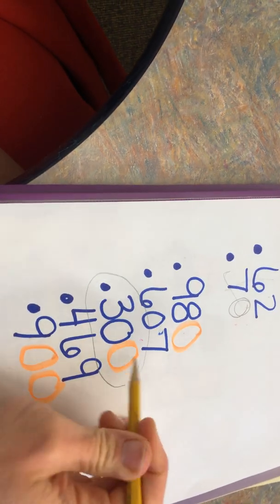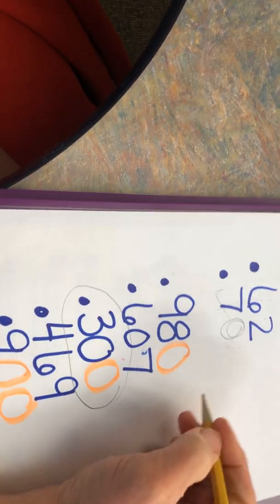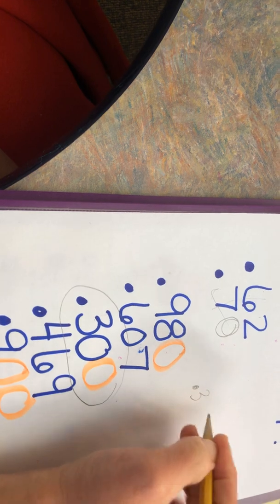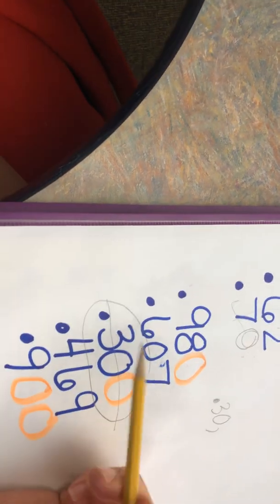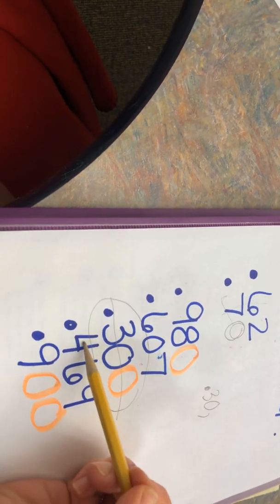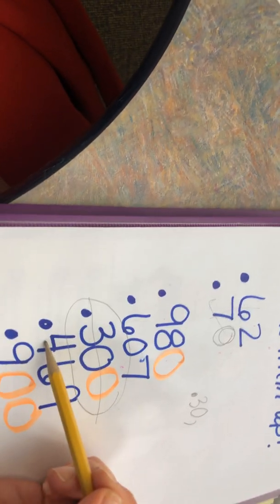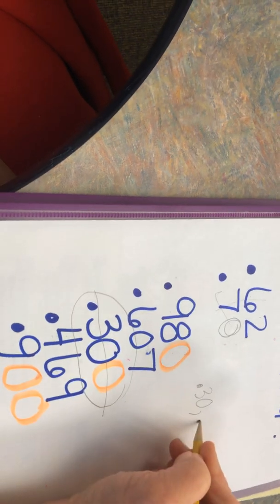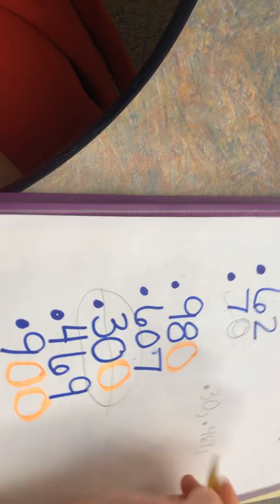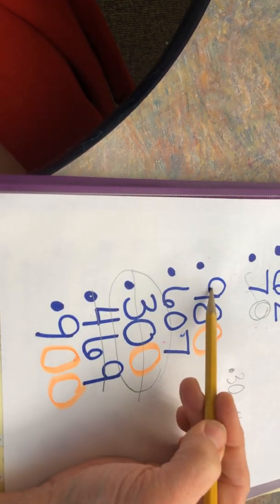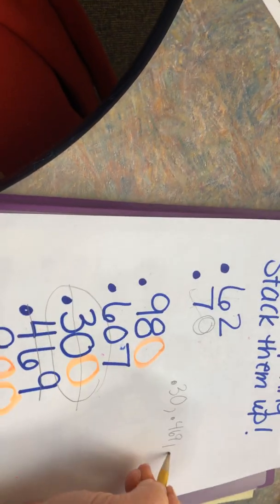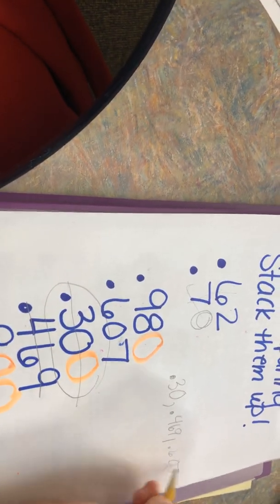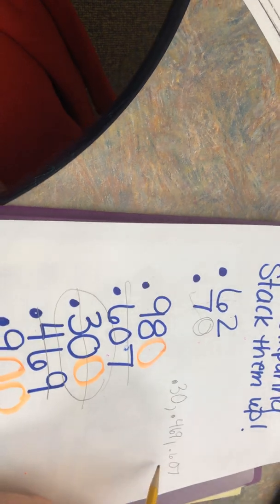Here is my smallest. Cross that off. What's the next smallest? 469 thousandths. Cross it off. 9, 6, and 9. 6 is the next in order from smallest to largest.